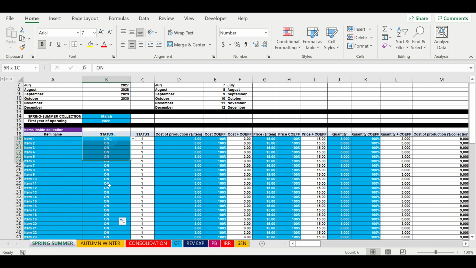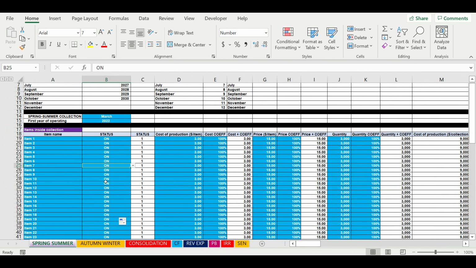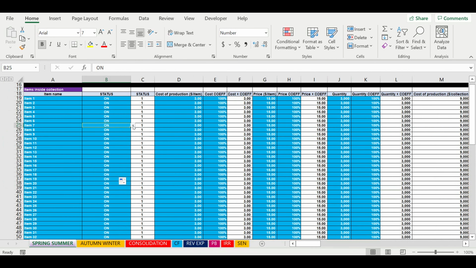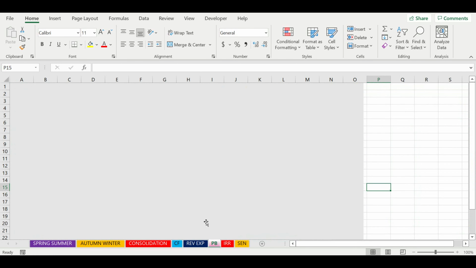Then you can switch items on or off. Usually when entrepreneurs are finished with their financial modeling, they see the simple and discounted payback period. They always want to assume what will happen if, for example, I switch off this or that item from my calculations, if I'm an optimist at this moment. What will happen to the simple and discounted payback period?